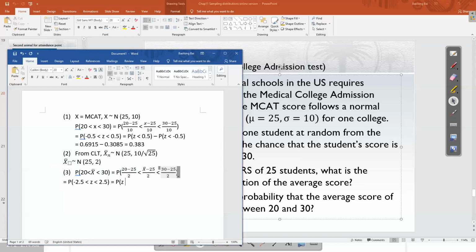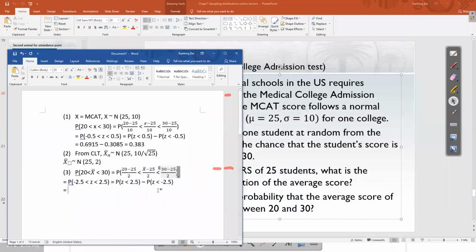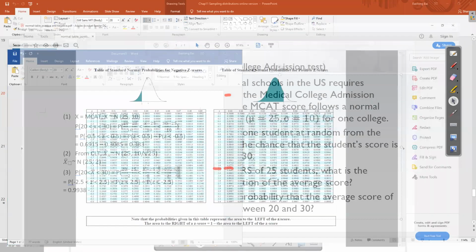So then we convert it to be probability of Z less than 2.5 minus probability of Z less than negative 2.5. And then we look up the Z table. They're both smaller in size. We can look up the Z table as is. So positive 2.5, the corresponding probability is 0.9938. And the negative 2.5, we can look up in the Z table as well.